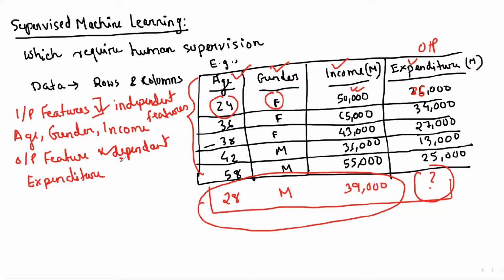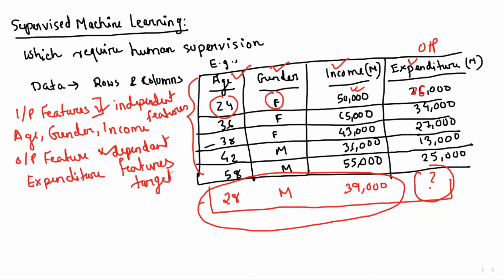These terms I will be frequently using in my forthcoming videos, and that is the reason I'm trying to explain all of this now. And you should remember this. The input features are also called independent features, and the output feature is also known as the dependent feature or target feature.